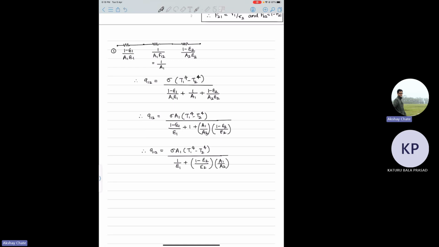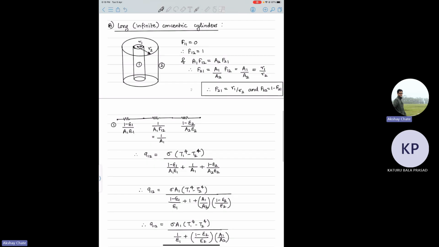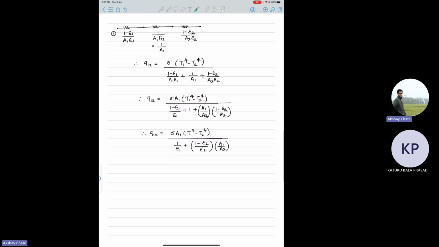And we have seen that A1 by A2 is nothing but R1 by R2. So you can put that here and you will get the final relation.